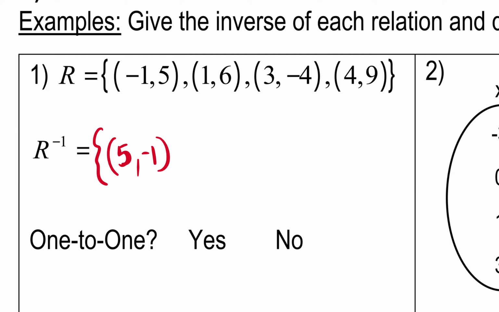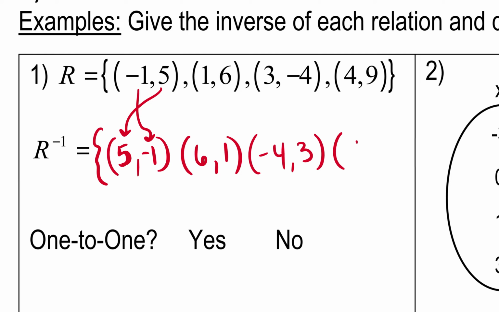All I did was take this one and put it first, this one, put it second. I'm just switching the order. The next one would be 6, 1. The next one, negative 4, 3. The last one, 9, 4. That is my entire answer.